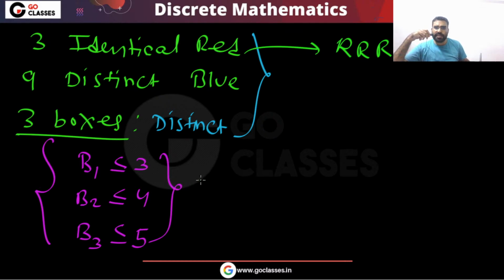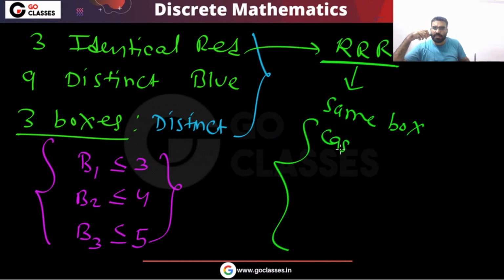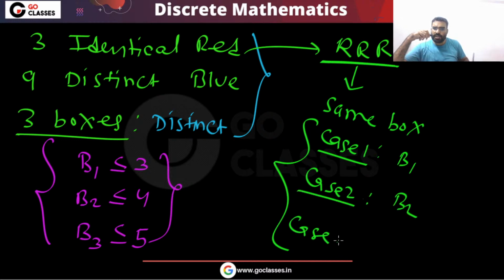These red balls should go into the same box. The cases are: they go in box B1, they go in box B2, or they go in box B3. So I have to create 3 cases.